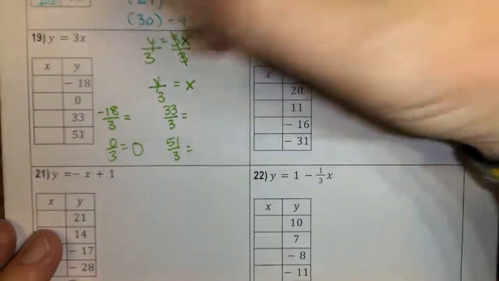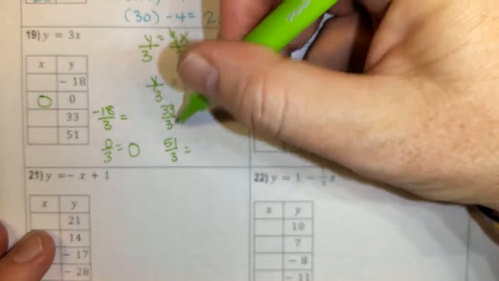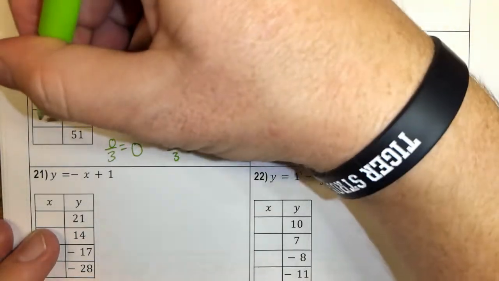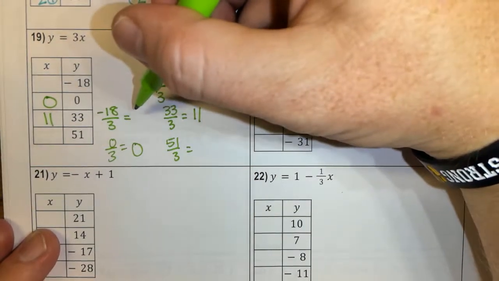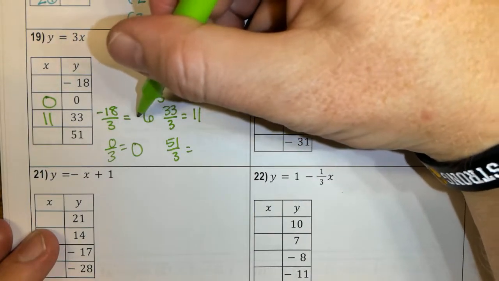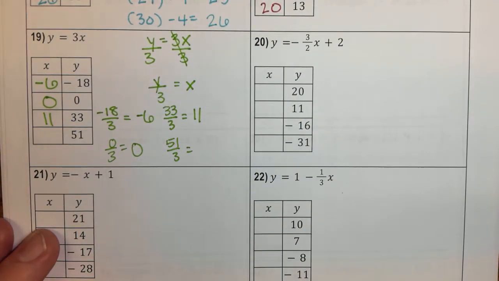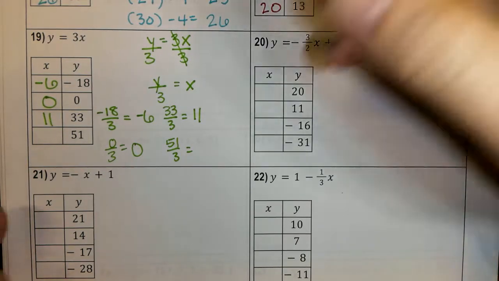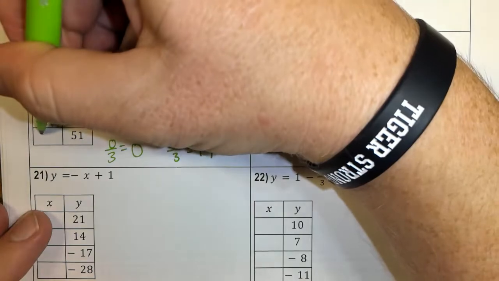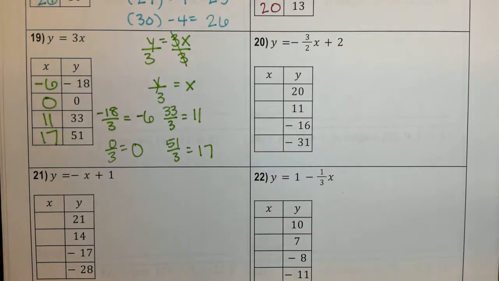Oh, I know that's 0, so let's go ahead and put that one right there. 33 over 3, oh, I know that's 11, so I can do that. Negative 18 over 3, well, 18 over 3 is 6, and that's just negative, right? So I can do that. And 51 over 3, you may need to do in a calculator. I know that it's 17. Okay, so that's 17.